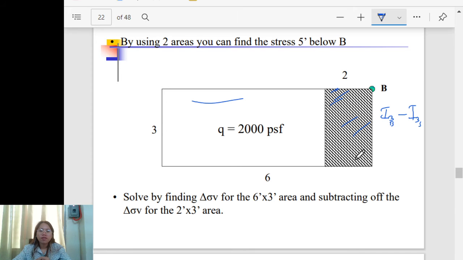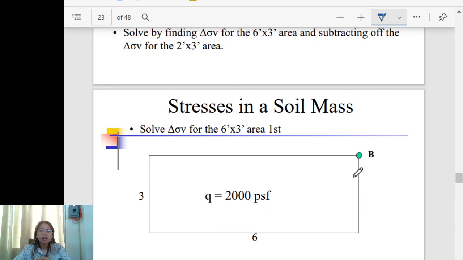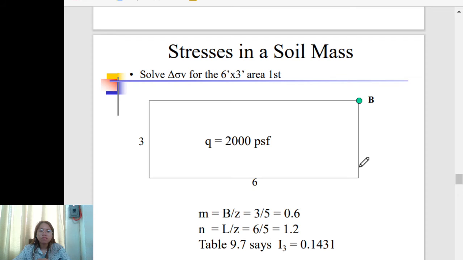To do that, solve for M and N. B is 3 divided by Z, which is 5, so 0.6, and N is 6 divided by the depth Z, 5, so 1.2.